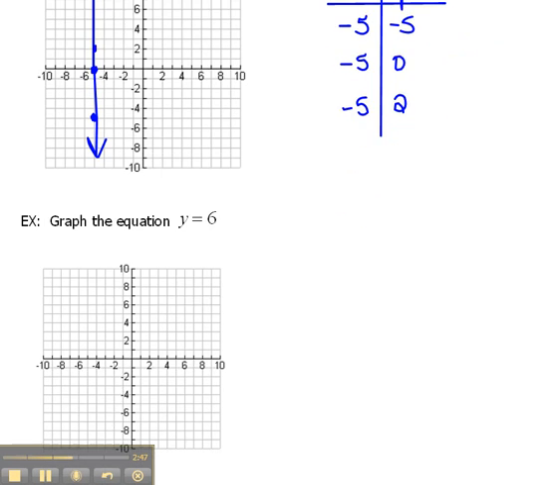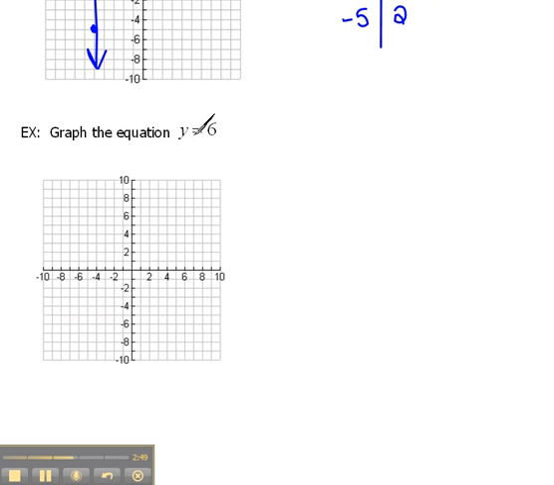Okay. Now, the other situation is, what if we have y equals something? Well, back in our definition, it said that all horizontal lines come in the form of y equals b, where b is the y-intercept. Okay, let's see why that is.